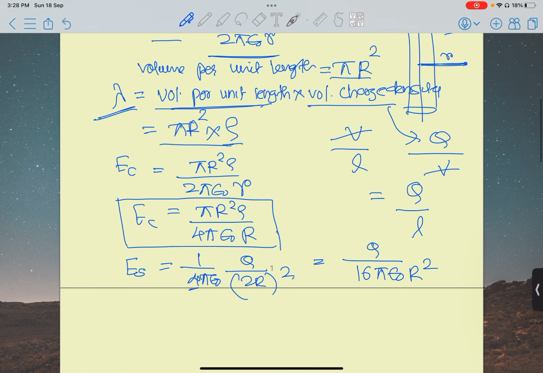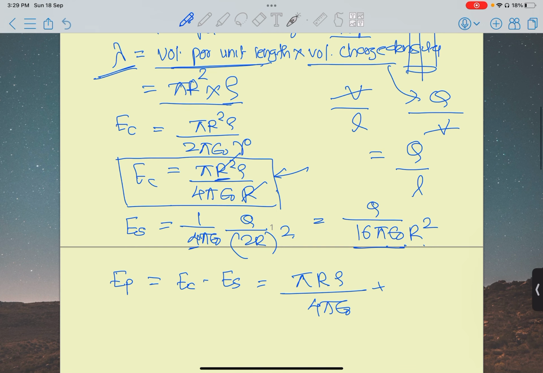Now our expression for electric field at point P is E_C minus E_S, which is R rho divided by 4 epsilon naught minus Q upon 16 pi epsilon naught R square.